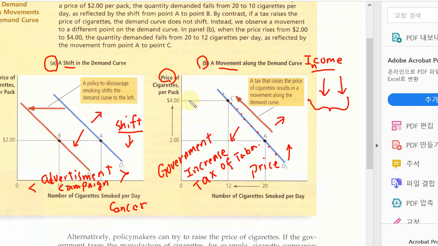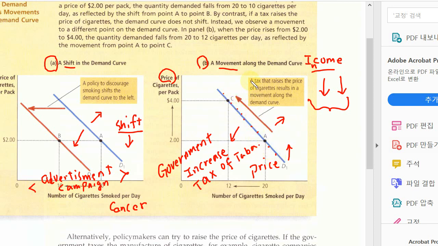Now I'm summarizing again. When the demand curve shifts upward or downward, and when the demand point changes along the demand curve.